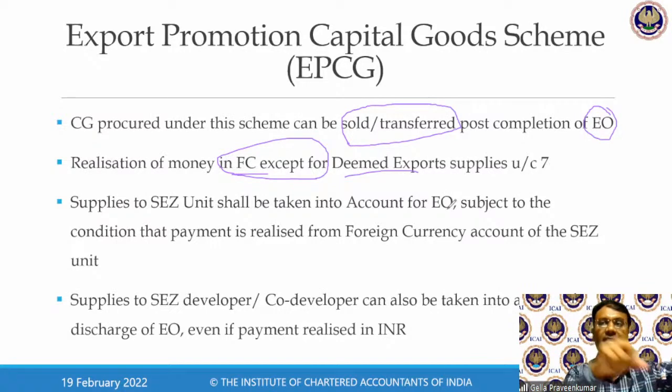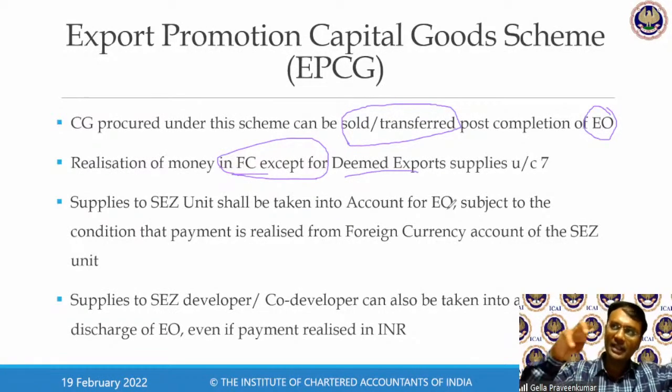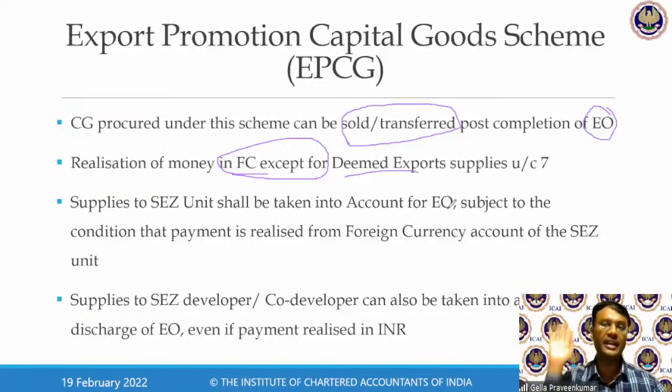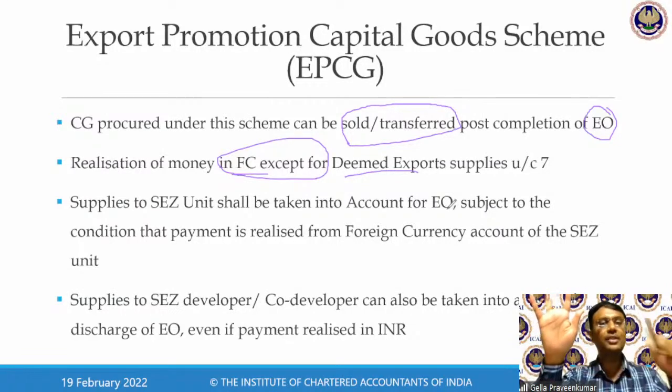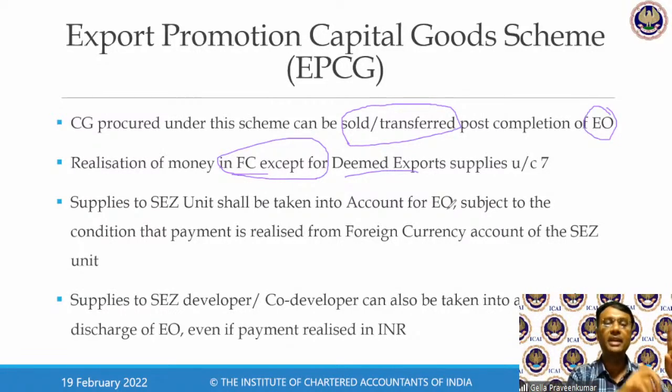From West Bengal, she sells the goods to Namita, who happens to be in, say, Haryana. Namita in turn from Haryana exports the goods out of India. So Nisha sells to Namita, Namita exports out of India. Namita holds advance authorization. So based on advance authorization, Nisha gets the benefit of this export obligation where money need not come in foreign currency.